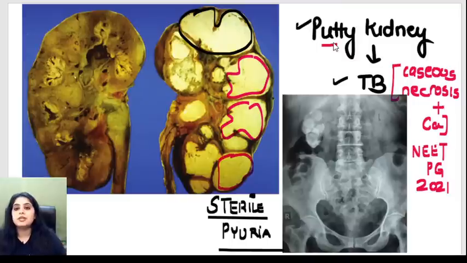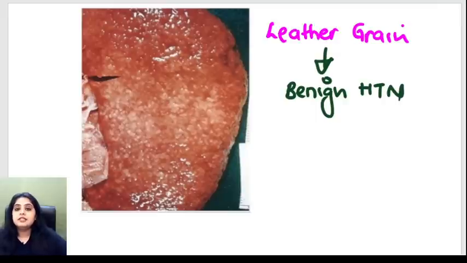Putty refers to cement, so it has a cement-like appearance. Next, the same thing can be visualized on radiological examination. This is the necrosed and the calcified area. This is the putty kidney. Repeating, putty kidney, the patient in the urine will show sterile pyuria, disease, tuberculosis. Next, the kidney has started becoming grainy, granular.